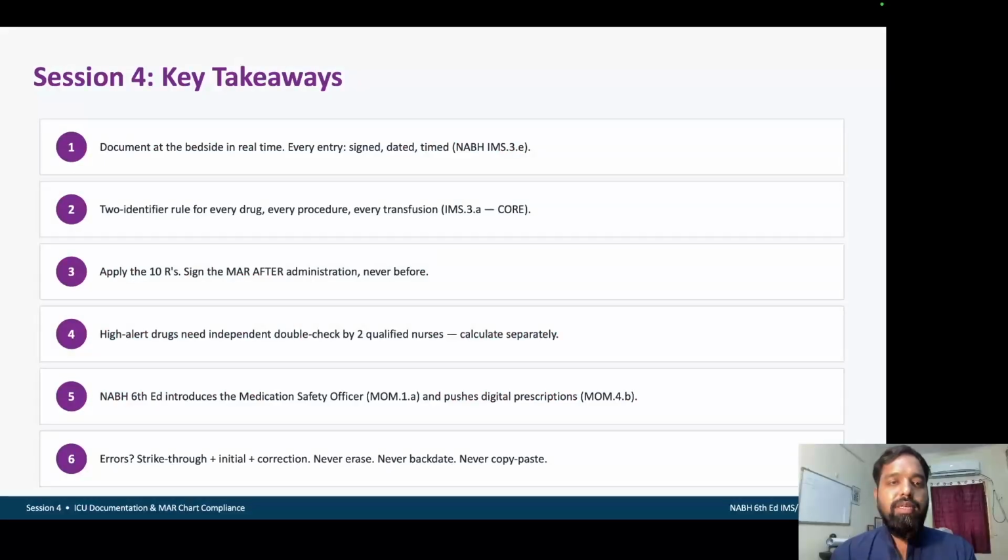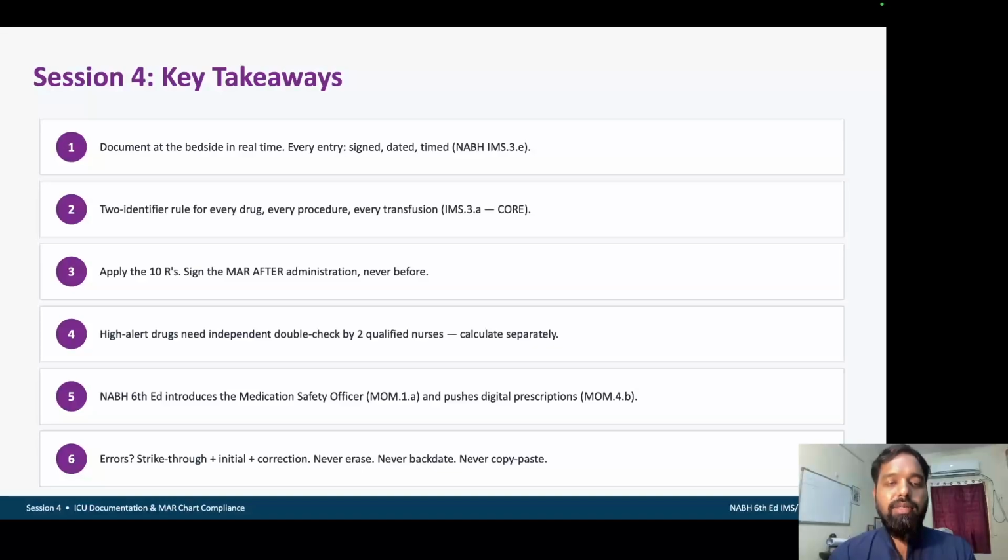So these are the key takeaways from session 4. Document at the bedside in real time. Every entry signed, dated, and timed. 2 identifiers rule for every drug, every procedure, and every transfusion. Apply the 10 rights. Sign the MAR chart after administration, never before.